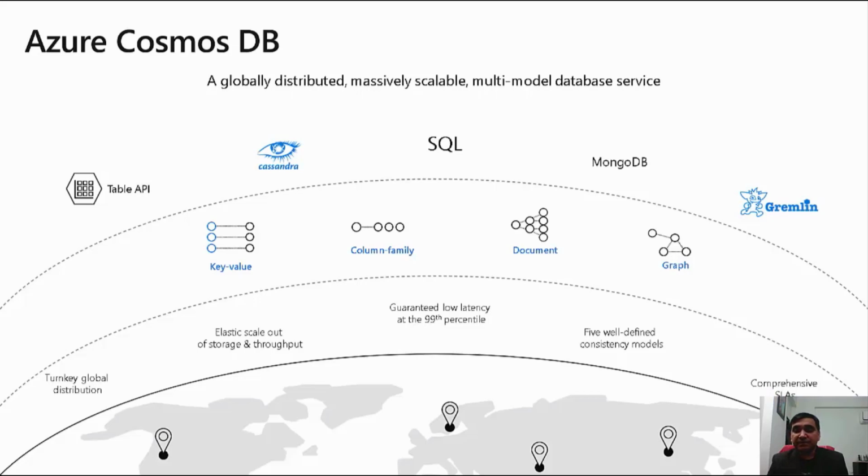Cosmos DB provides elastic scale out in terms of storage and throughput, so there is no limitation as such on how much you can scale from a service standpoint. We also provide guaranteed low latency at the 99th percentile, for both reads and writes.